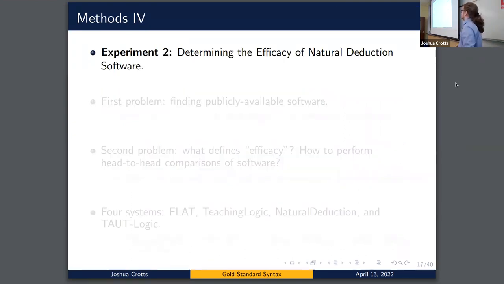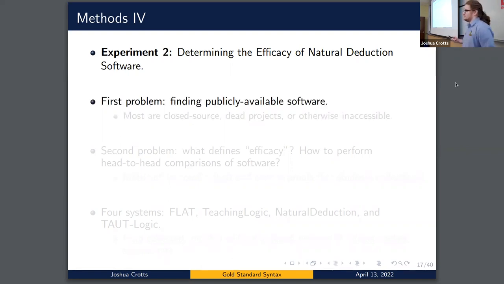All right, experiment 2. This experiment was about determining what makes one natural deduction system better than another. The first problem is actually finding these systems. Unlike truth table and truth tree solvers, which are everywhere, natural deduction systems are actually pretty closed off.